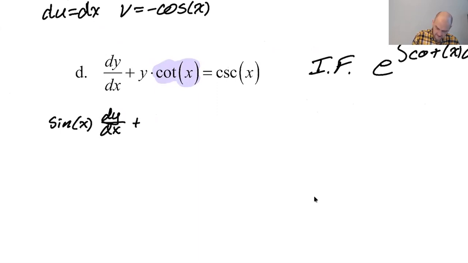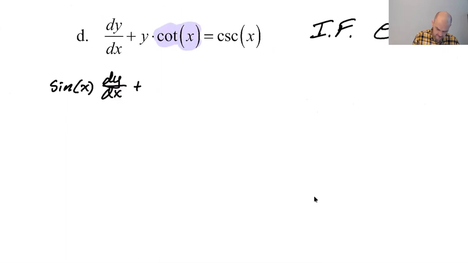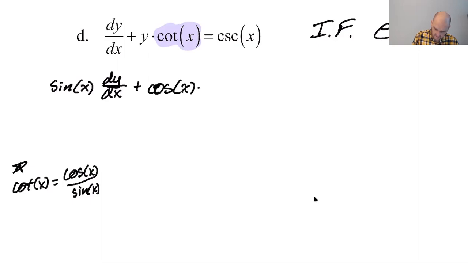So cotangent is cosine over sine. When I multiply that by sine, which I'm multiplying through by, the sines cancel. So I actually just get cosine times y.